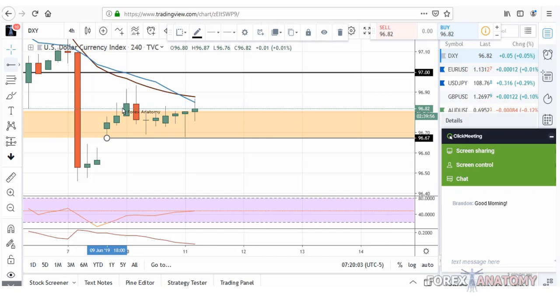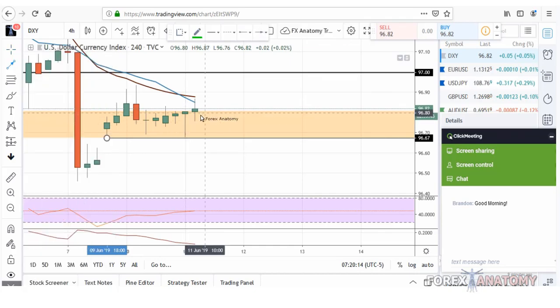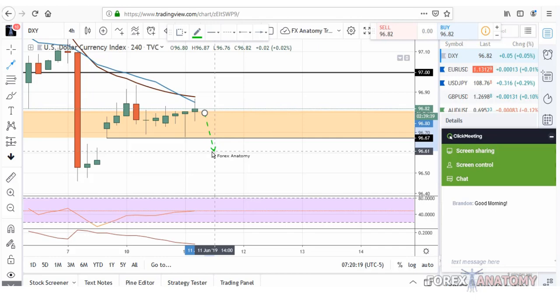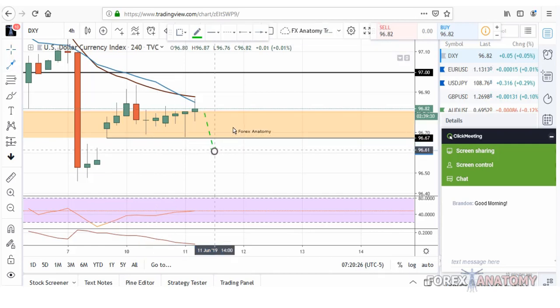So if we do get that push lower, let me just draw it in. If we do get that push lower and a break below 96.67, then that would confirm dollar weakness, and we should look for opportunities to short the dollar on pullbacks or retracements in price.